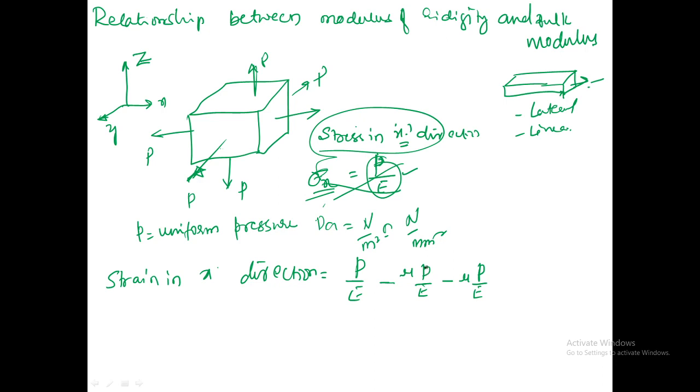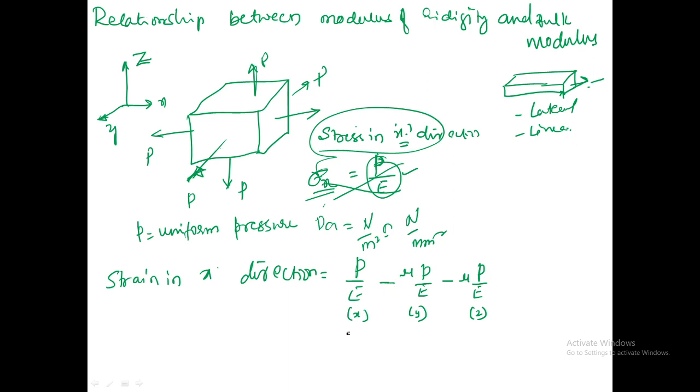Because you have stress in the y direction also. If this is my x direction value, this is y direction value, this is z direction value, all these stresses are tensile, so they try to reduce the strain which is going to be caused in the next direction, with the help of Poisson's ratio.